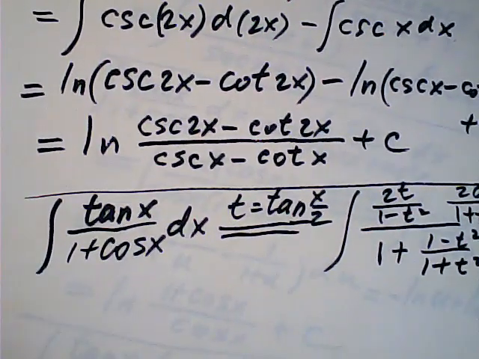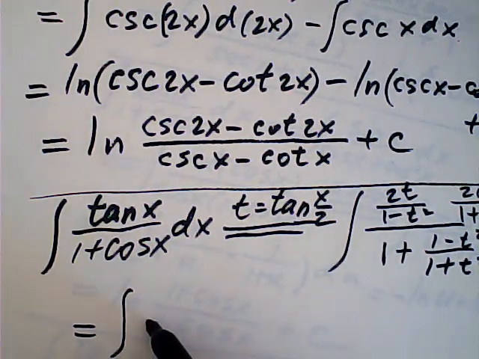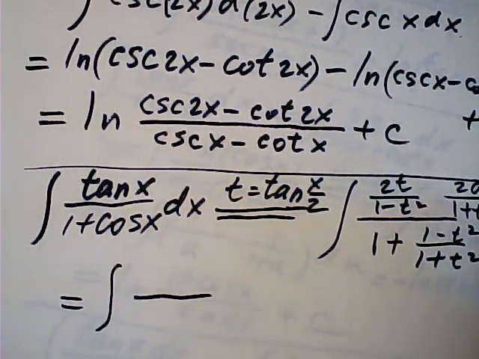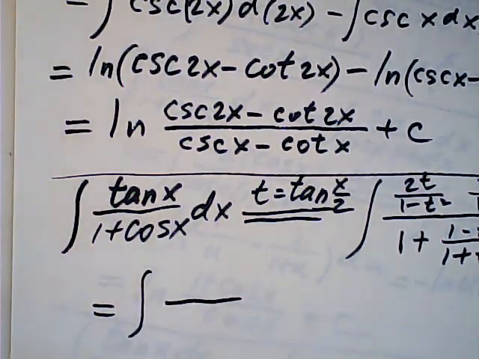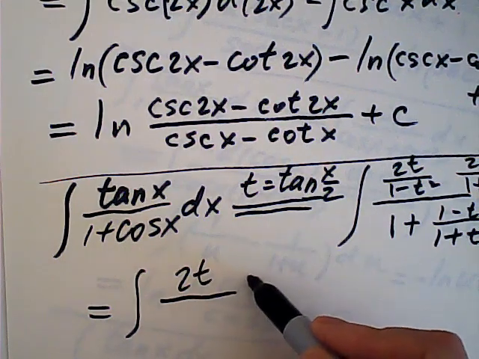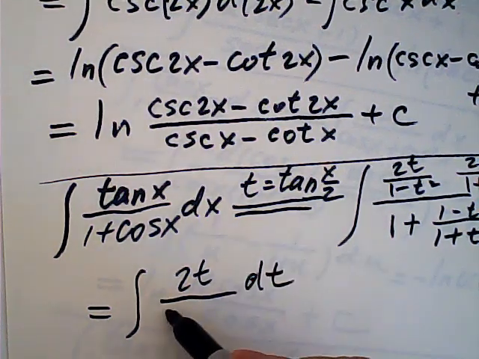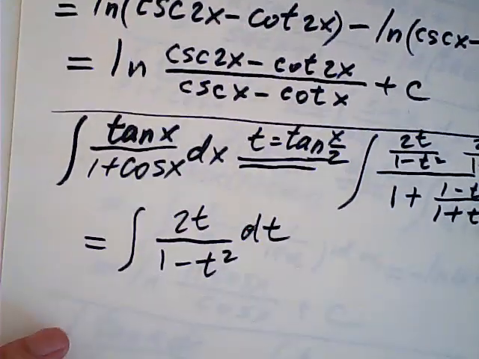See, then we simplify. This cancels with that one, this 2, so we end up with 2t dt over 1 minus t squared.